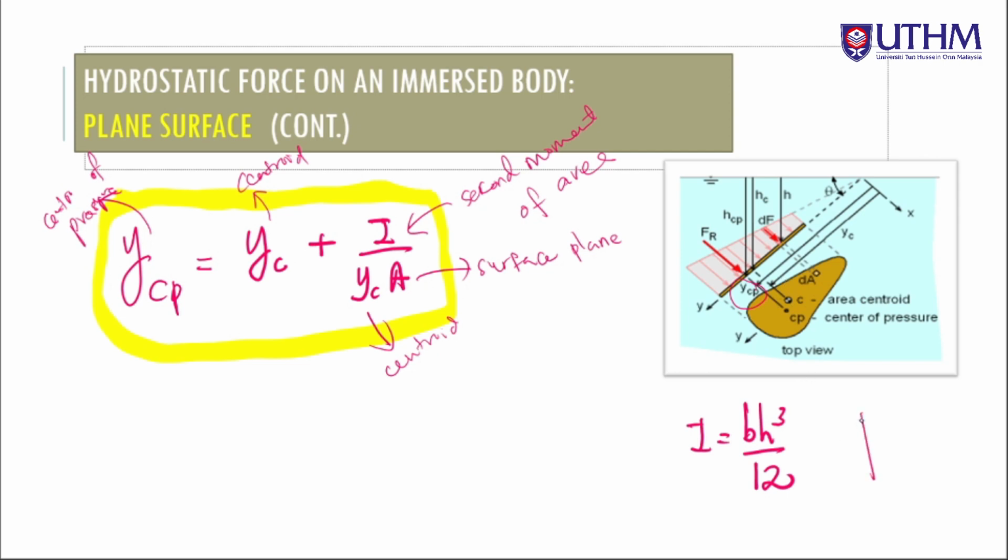If the shape is rectangular, the second moment of area I equals B H cubed over 12, in which this is B and this is H. So how do we know which is B and which is H? If for example the plane is rectangular like this, this should be the value of B and this should be, I'm sorry, reversed. I also got it reversed. Okay, wait, let me erase it.